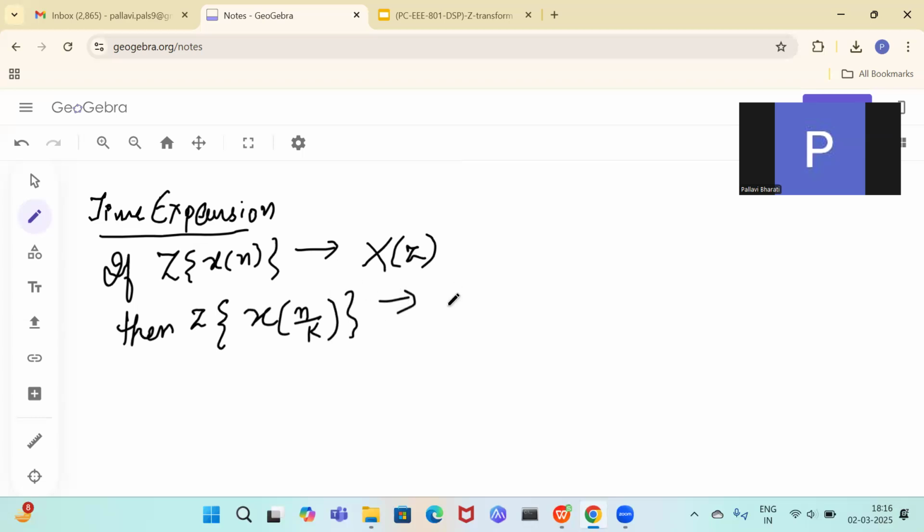X of z to the power k. Here you have to understand that x of n by k means that n is a multiple of k.